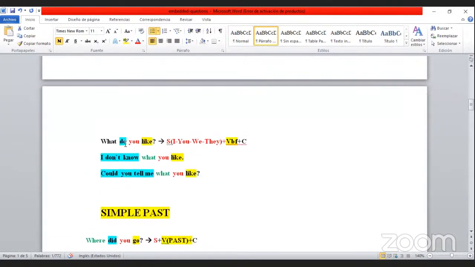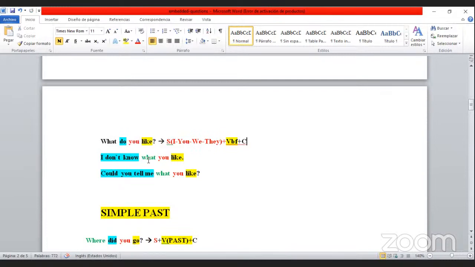And for first person singular and plural. What do you like? So here I am using my auxiliary do and my subject you. In order to convert this into affirmative, I have to use my subject, one of them, I, you, we, they, and the verb is going to be only in the base form, and the complement if we have one. So what do you like?